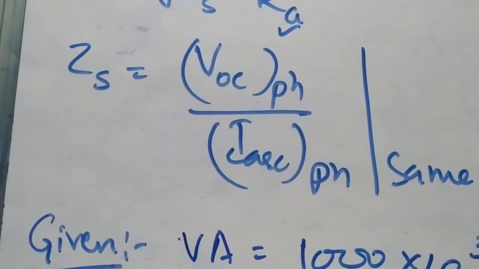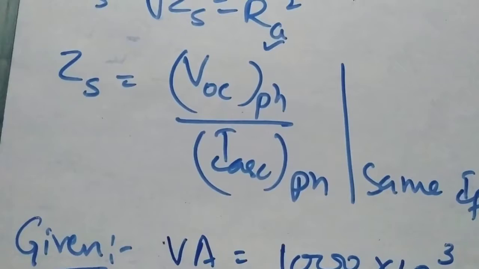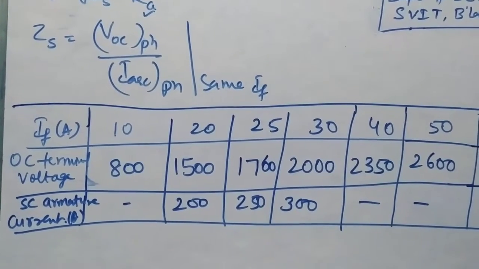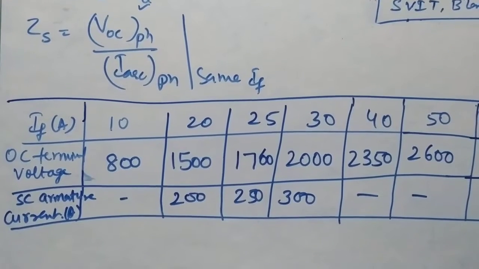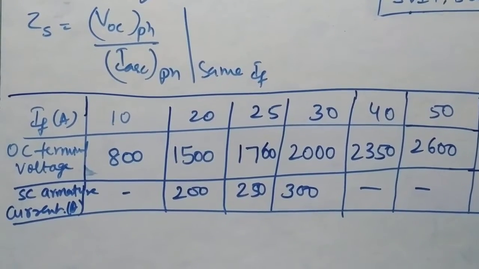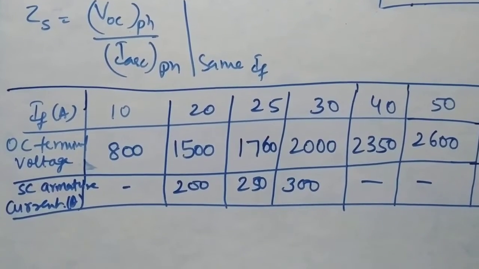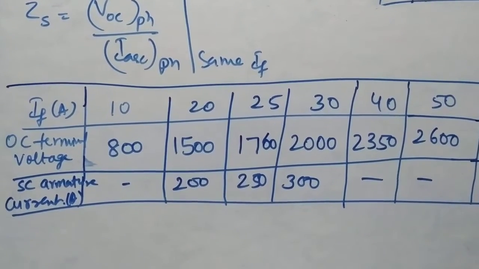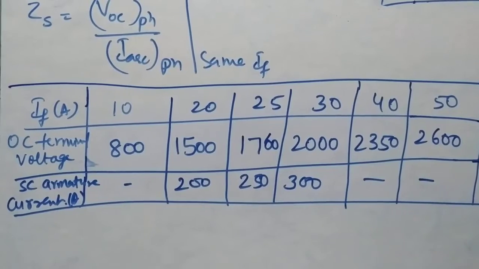Now let us plot the characteristics from the given table. This table will be given in the problem itself, with the values of field current and OC terminal voltage as well as short circuit armature current. Whatever value is given here will be in terms of the line voltage, right?